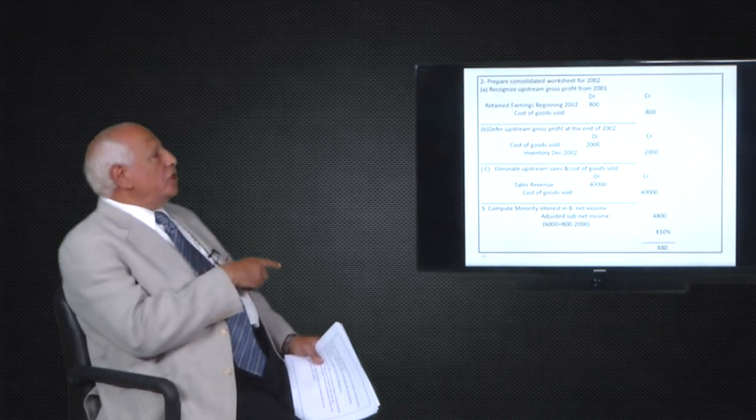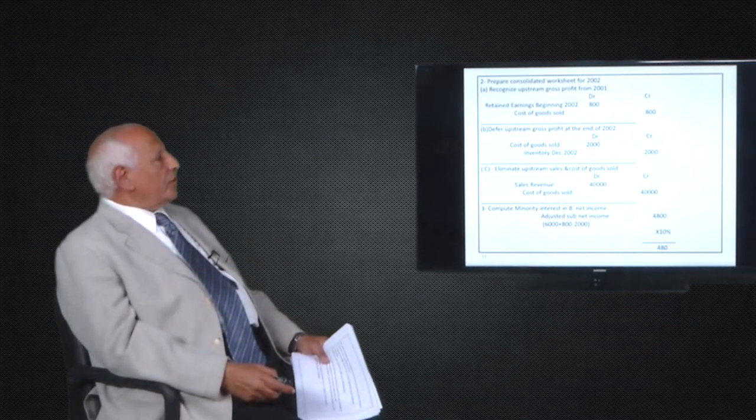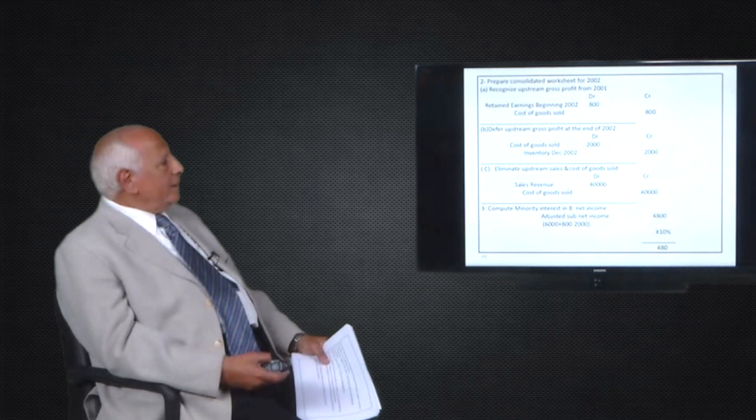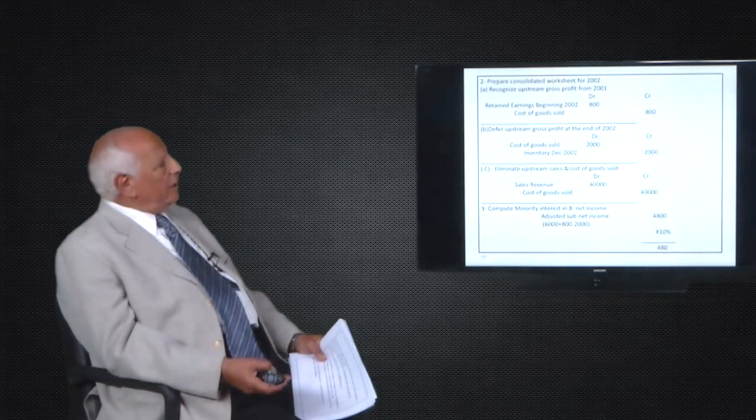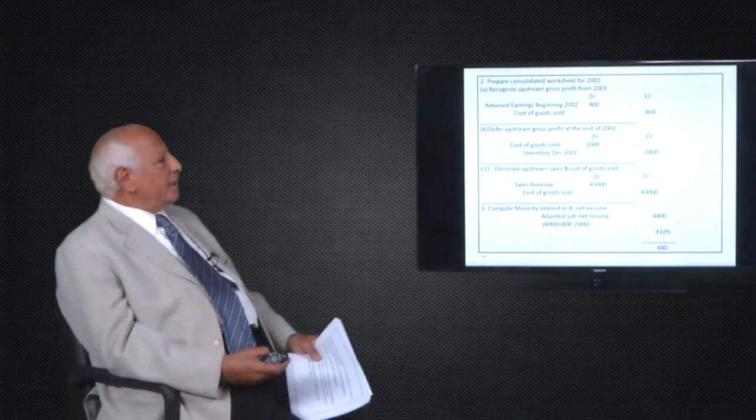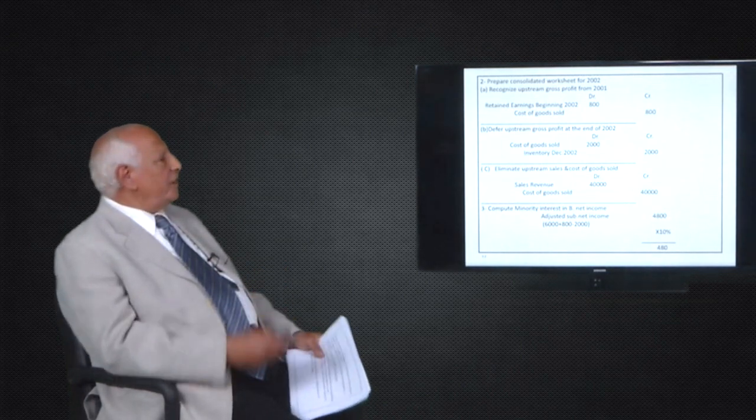Debit retained earnings beginning, credit cost of goods sold, and defer upstream gross profit at the end of 2002: cost of goods sold, inventory. We have 2 entries now. This one here recognizes the upstream gross profit, recognize 800 beginning, and defer ending.